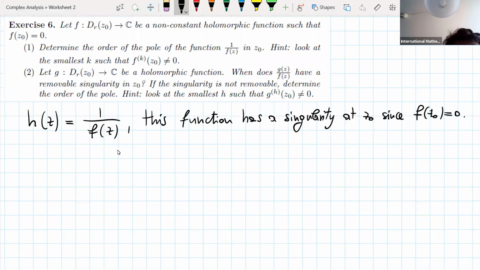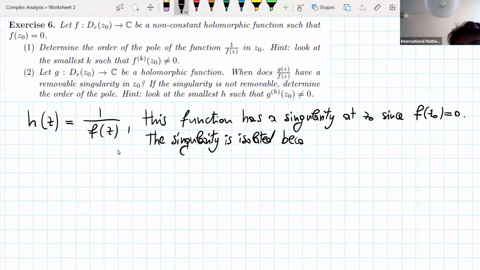And we know that the singularity is isolated, because a holomorphic function has only isolated zeros. So the singularity is isolated because f has isolated zeros, since it is non-constant.